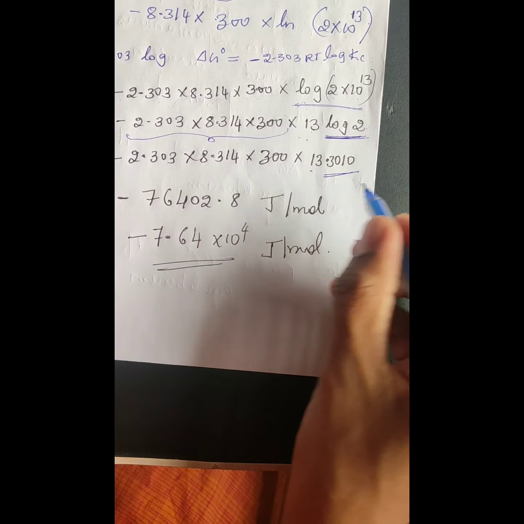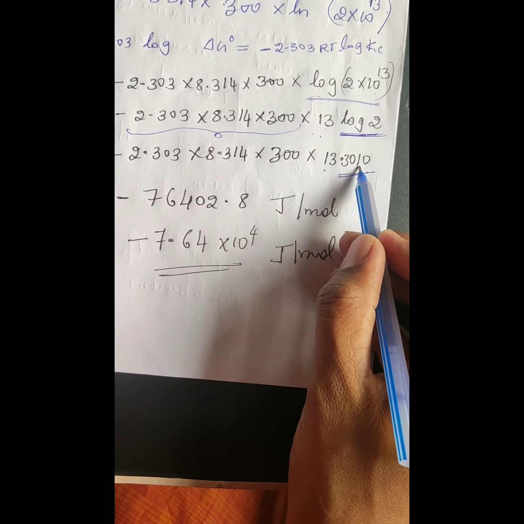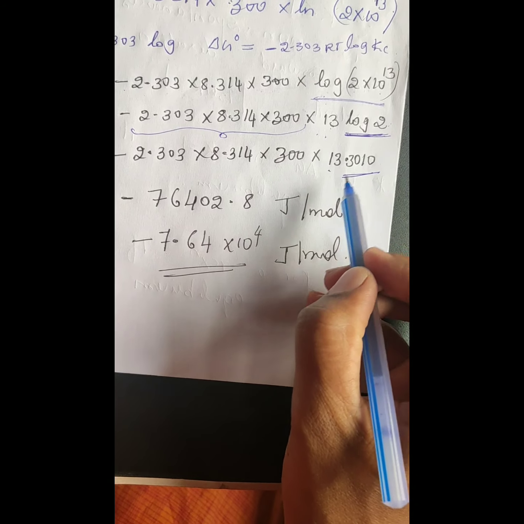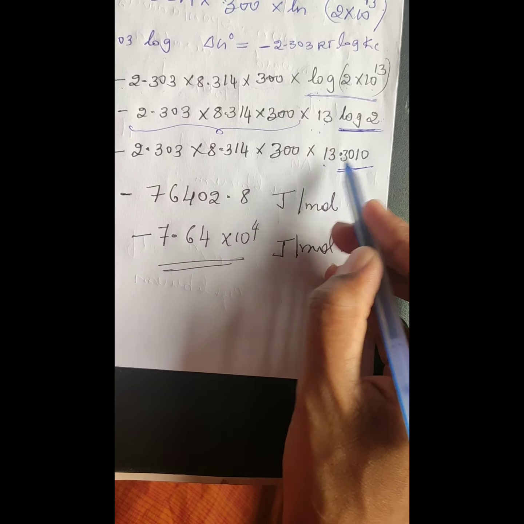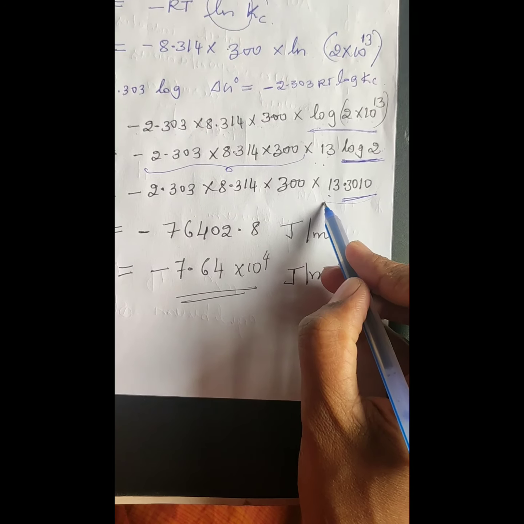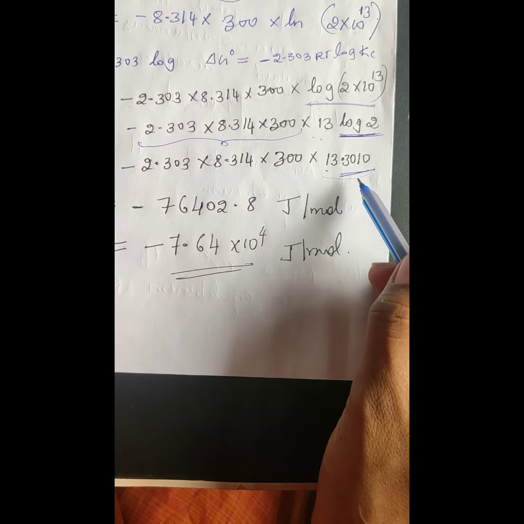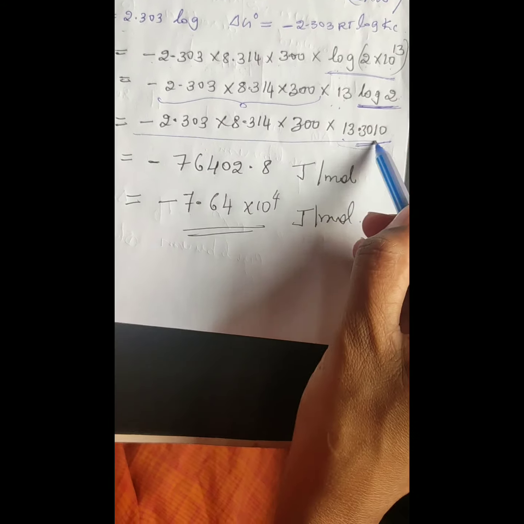The value of log 2 is 0.3010, so the total is 13 plus 0.3010, which equals 13.3010.